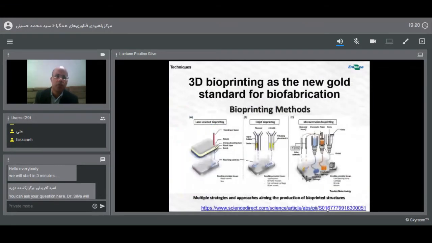And 3D bioprinting is now considered the new gold standard related to biofabrication, since we have a lot of bioprinting methods that can be applied as strategies and approaches aiming at the production of bioprinted structures, and they are particularly laser-assisted bioprinting, inkjet bioprinting, and microextrusion bioprinting.